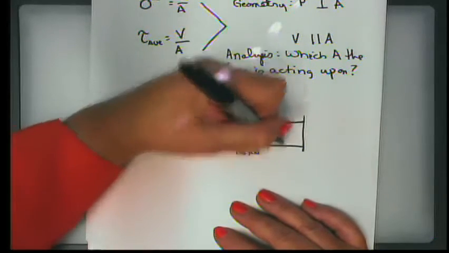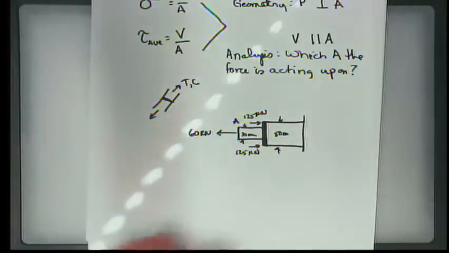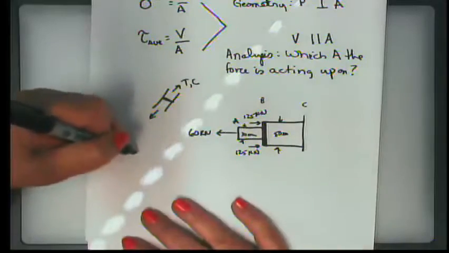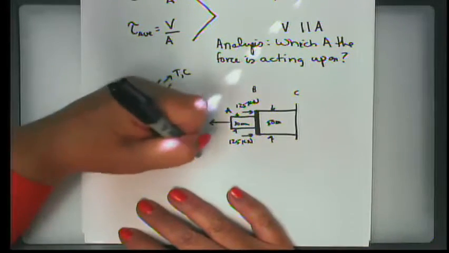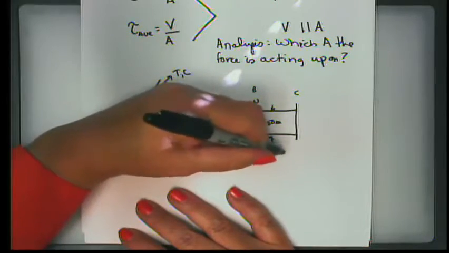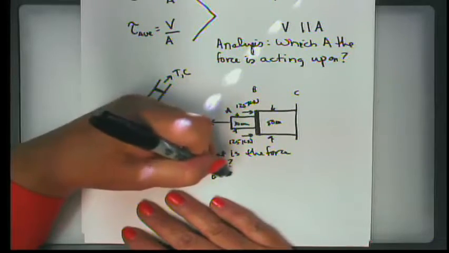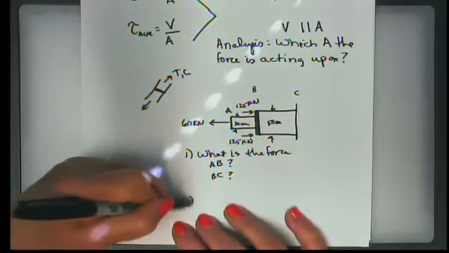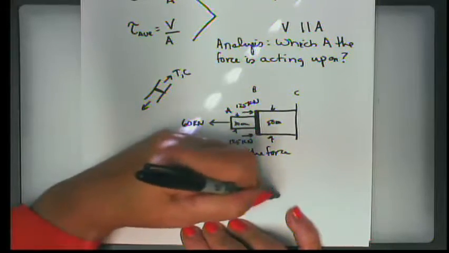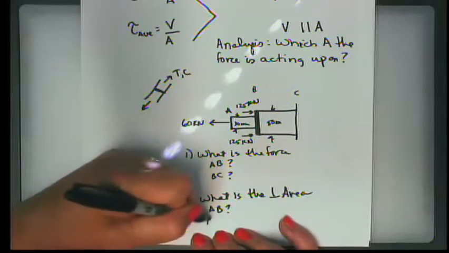The diameter at 2 is 50 millimeters. All right. So there are two questions that we need to answer. What is the force in two different places, in AB and in BC? And the other is, what is the area? What is the perpendicular area in AB and in BC?